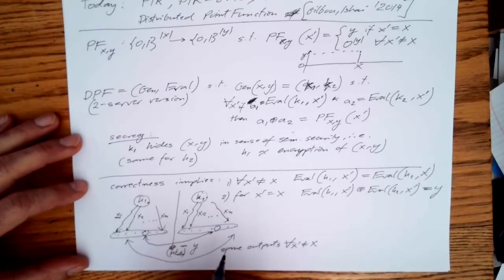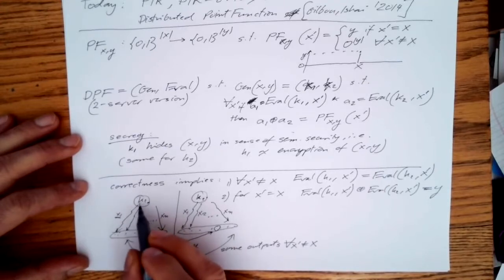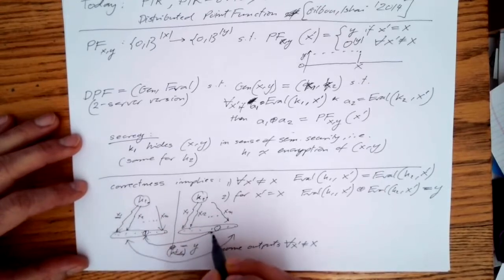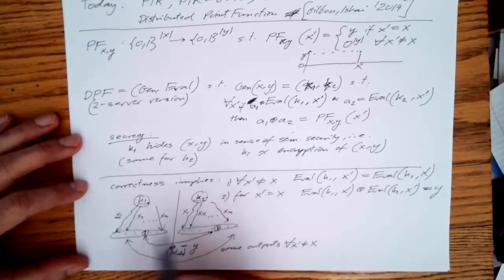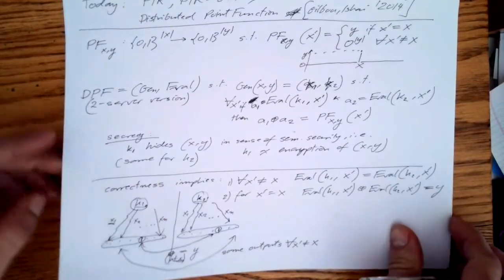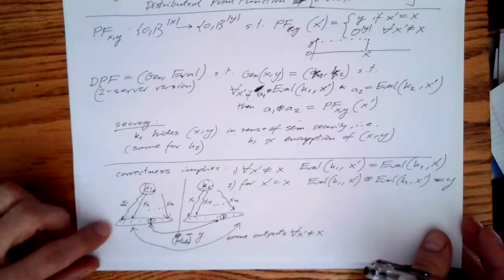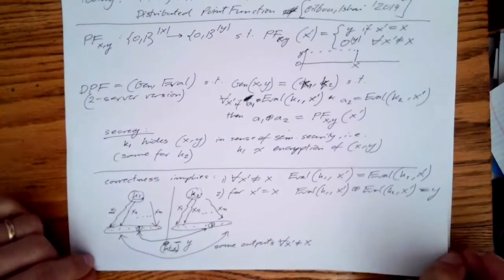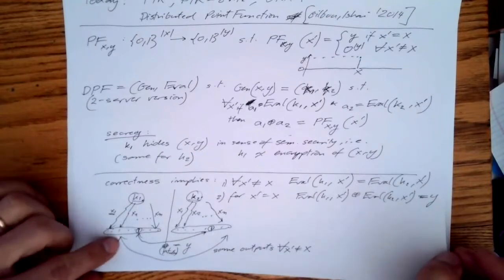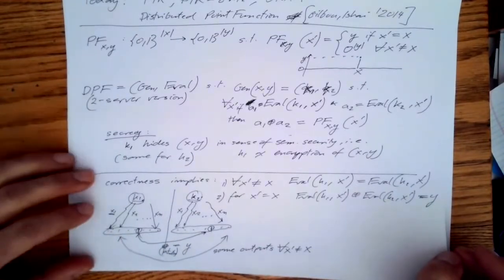Somehow this key must encode that one position and differ on that one, but the key itself does not reveal where the position is. It's rather surprising that this is possible. How can you construct such a tool?